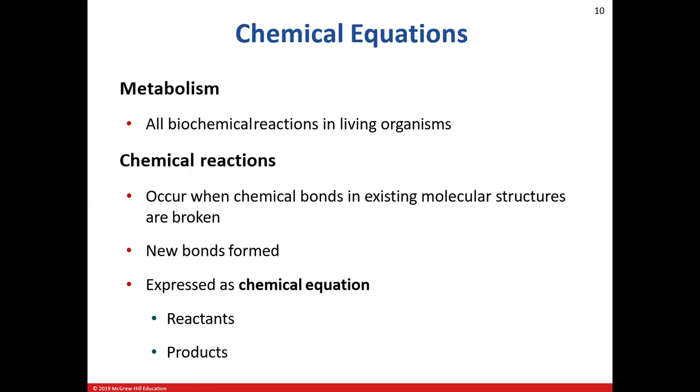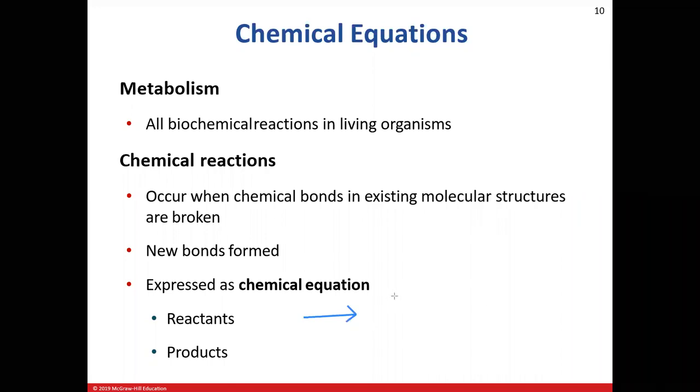And so you're going to see that on one side we have the reactants, and on the other side we have the products. Normally the reactants will be on the left side of the yield sign. The yield sign is normally an arrow. And so you have your reactants on the left-hand side here.